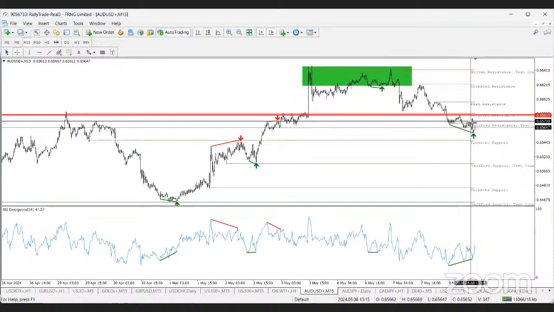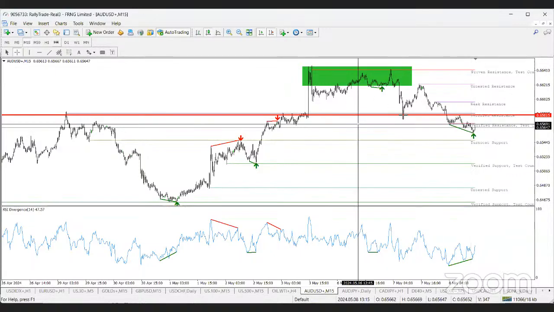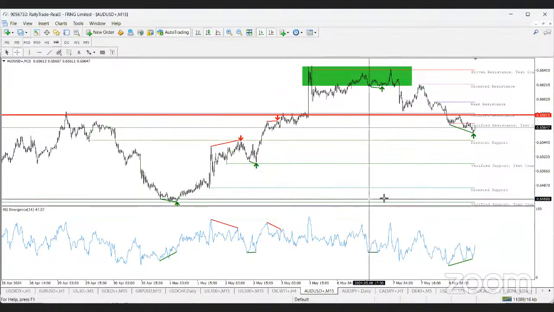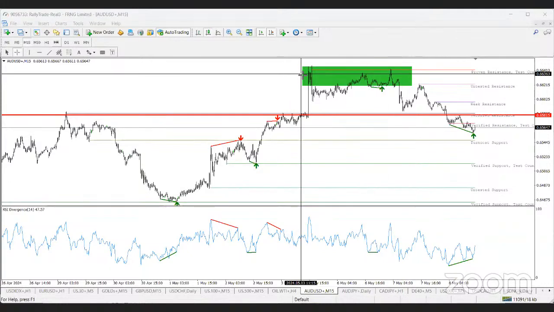I could also consider selling from 0.65730. So you can put those two entries together. AUD/USD sell, I'll consider selling from 0.65730, and I'll also consider selling from 0.65810.